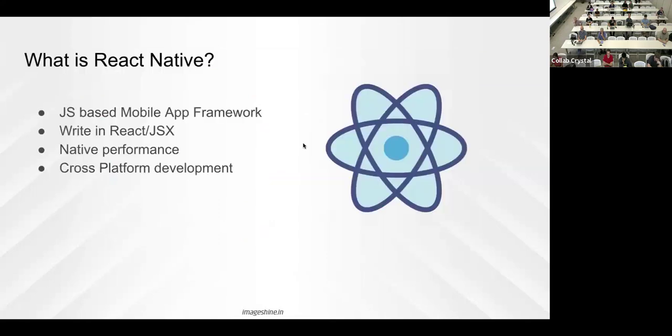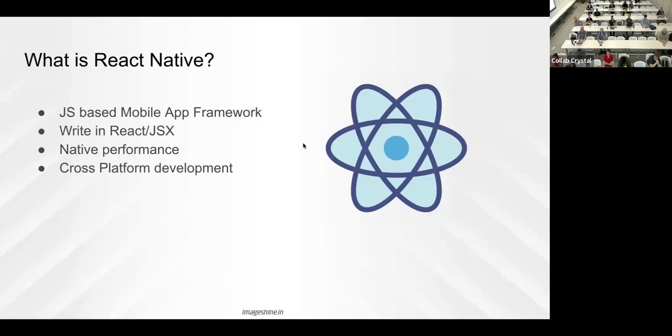So what is React Native? For the ones that do not know anything about React Native, very quickly, React Native is a JavaScript mobile app framework. It allows us to write in React so we can actually create components. We can use the components that are already defined in React Native, and we can just write in simple JavaScript.